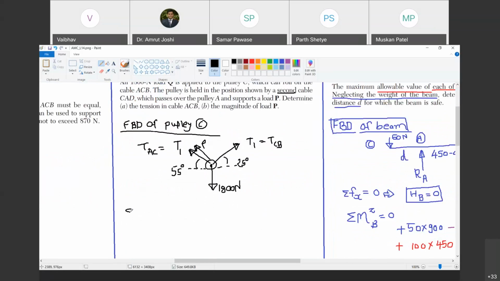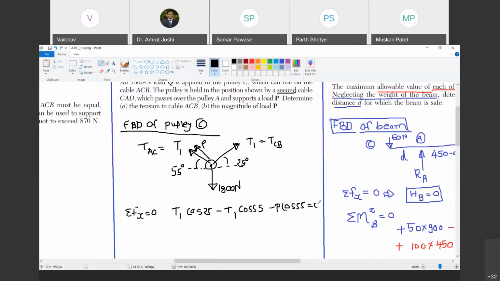Apply summation Fx equal to 0. Quickly tell me the components. T1 cos 25 minus T1 cos 55 minus P cos 55 is equal to 0.